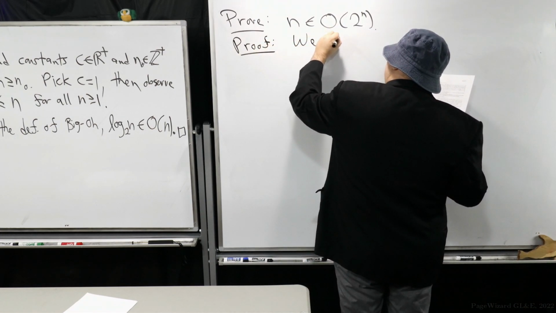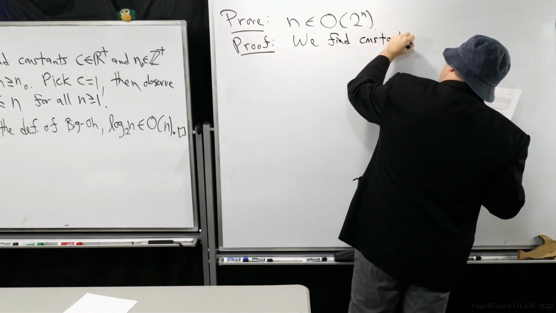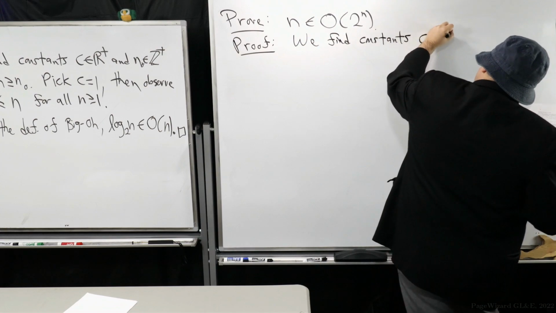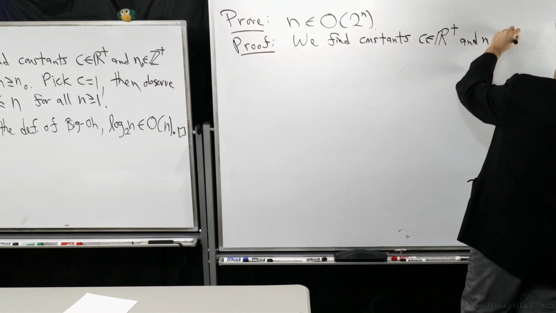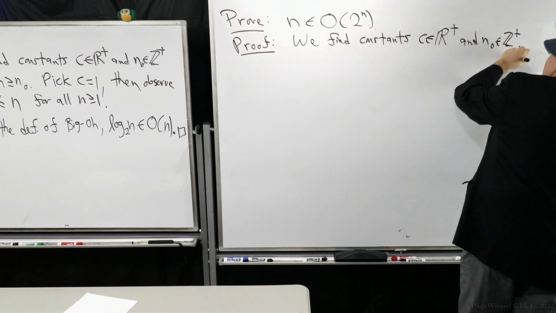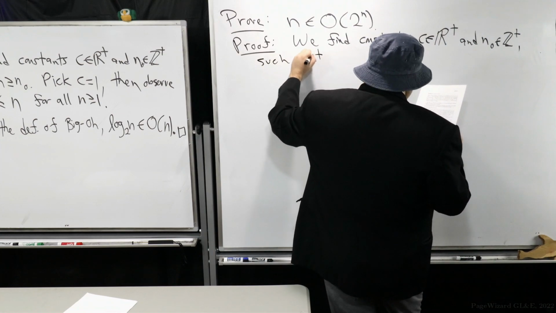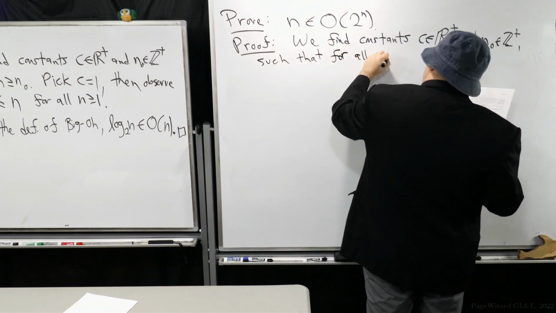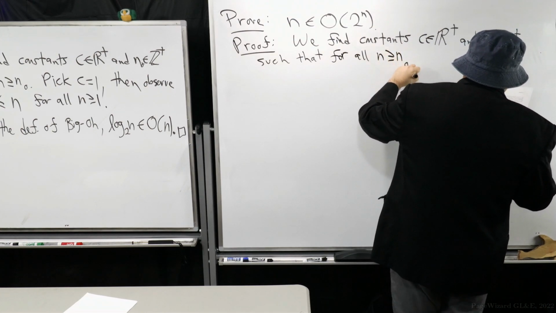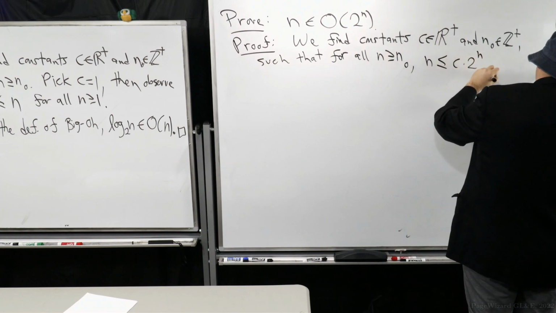So we just got to find the constants, right? We find the constants c, which is a positive real number, and n0, which is a positive integer, such that for all n greater or equal to n0, n is less than or equal to c times 2 to the power of n.